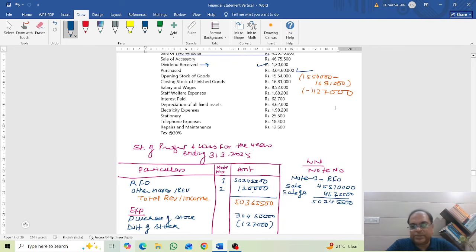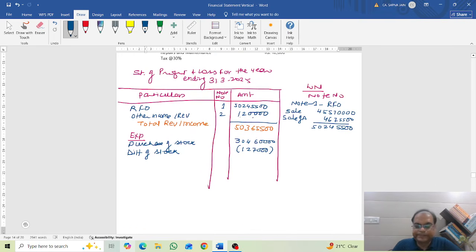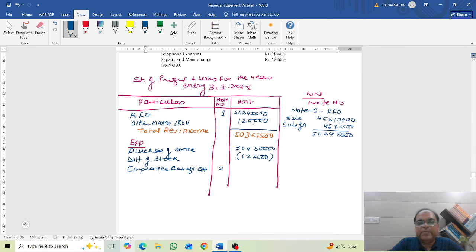Fourth item is employee benefit expenses. Now we will prepare here note number 2. For what purpose? For employee benefit expenses.